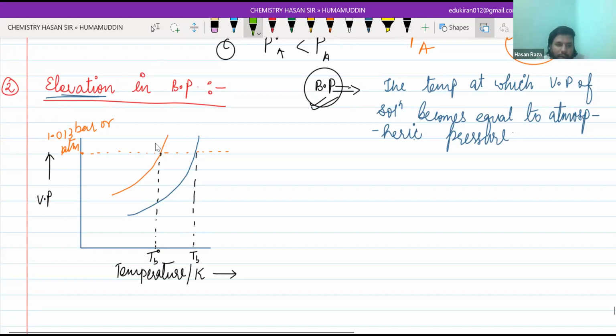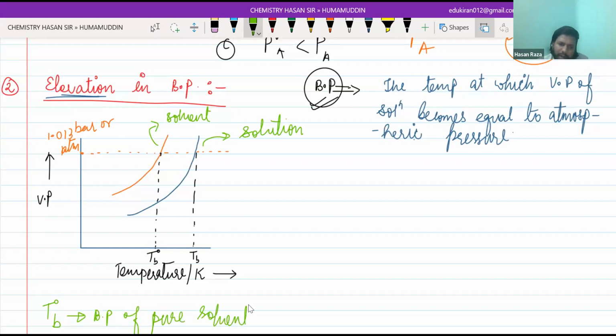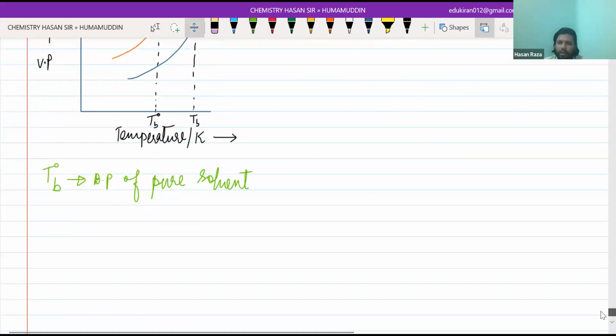So this orange is for the solvent, and this is for the solution. And this T naught B is basically the boiling point of the pure solvent, which is volatile. And this TB is the boiling point of the solution.